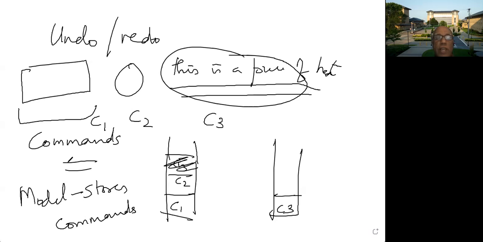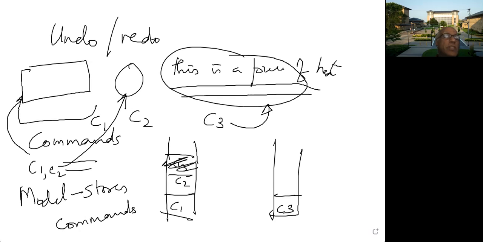The model would say, I have C1 and C2 with me, and C1 will contain a reference to this rectangle shape. C2 will contain a reference to the circle shape, and C3 will contain a reference to the label shape. These commands are all going to be stored. And when you undo a command, that corresponding stuff is deleted from the model.